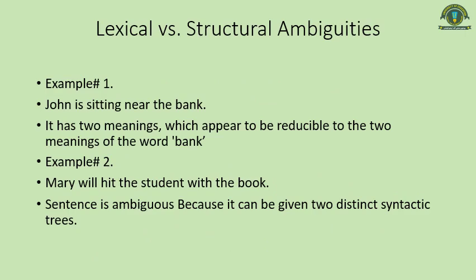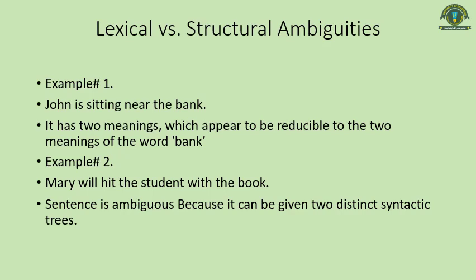Lexical versus structural ambiguities. Let's see both of the examples again. In example 1, John is sitting near the bank. In this example, one word is referring towards two meanings.